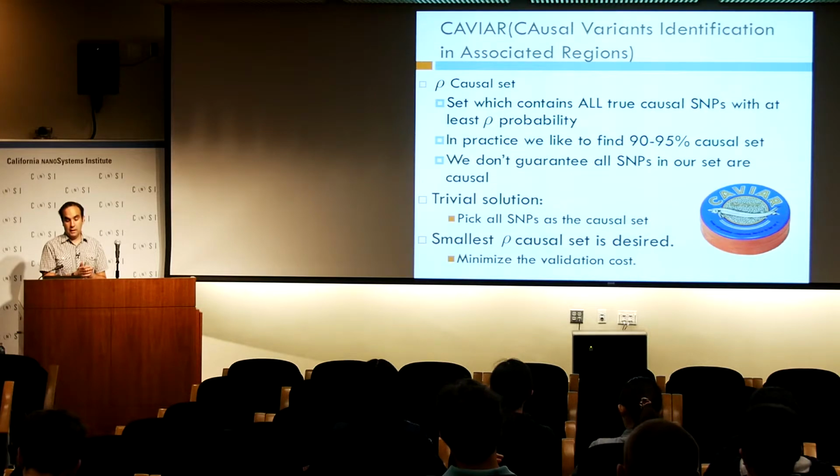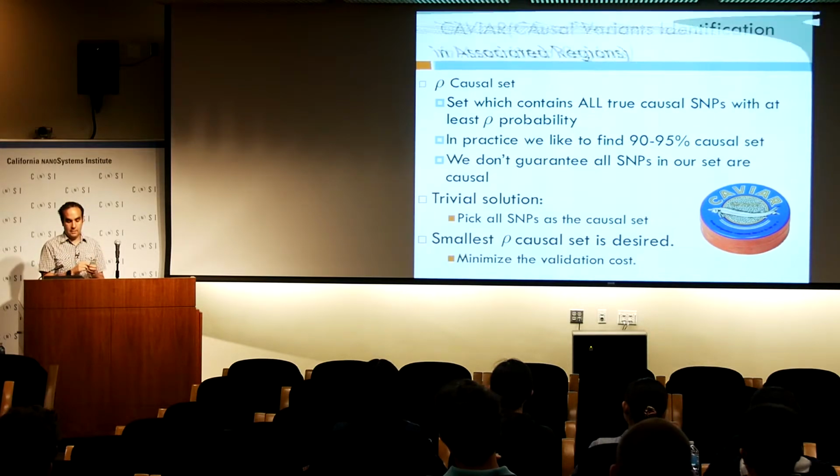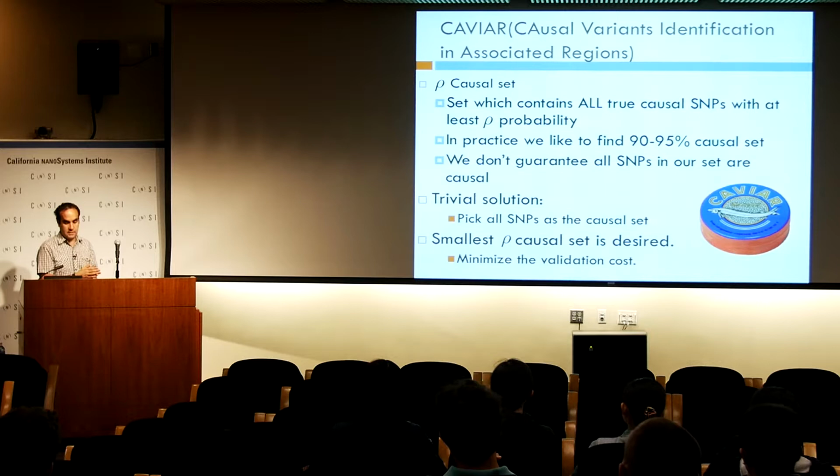If you do that, with 100% probability, your causal variants will be in your set. Obviously, that's not a good idea because that gives you no information. So the idea is that you want to find the smallest set of SNPs that satisfies that property. I'm going to show some examples of this before we get to how this works.